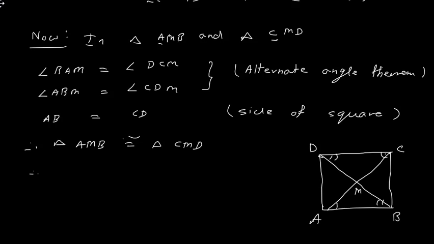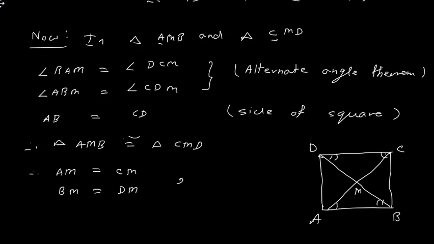Therefore, AM is equal to CM and BM is equal to DM. Okay, AM equal to CM, BM equal to DM.